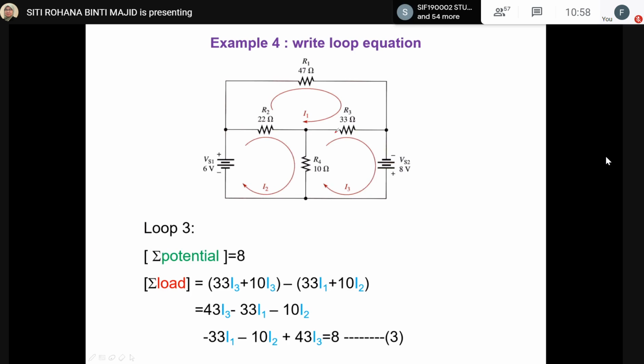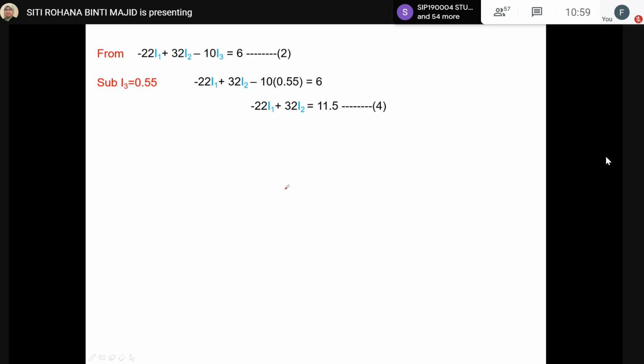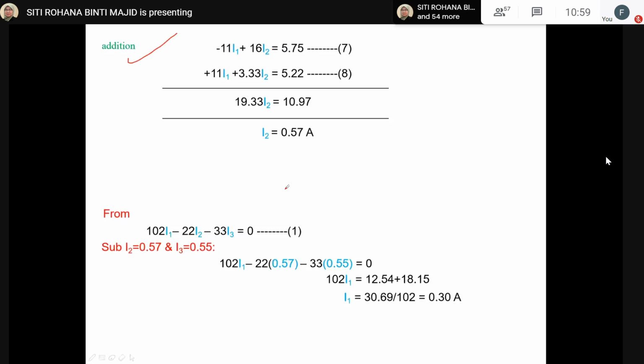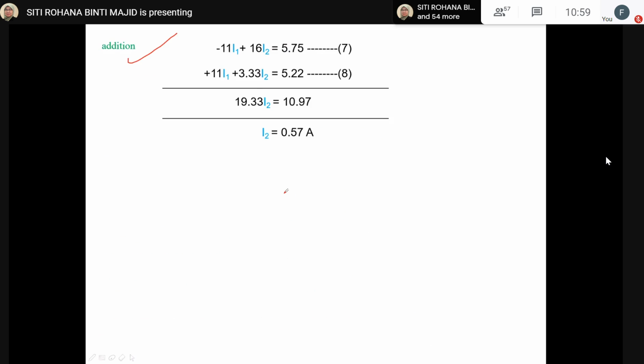Because this one is I1, I2. Oh, this one is I1, this one I1 goes in. So it is more complicated if you want to use the current junction equation here.